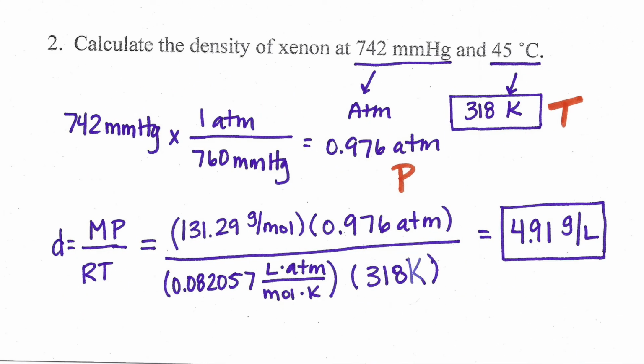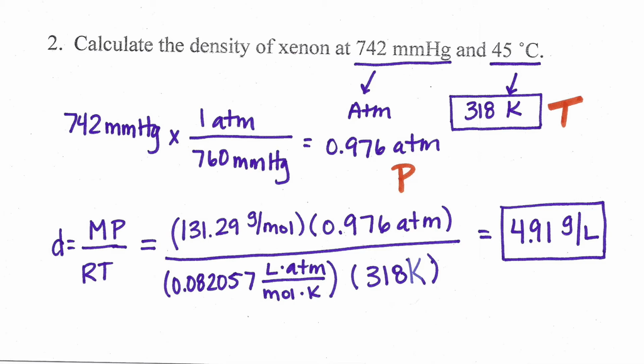If we look at a second example, we can calculate the density of xenon at 742 millimeters of mercury and 45 degrees Celsius. So for this question, because we are not at STP, we have to use the equation where our density is equal to the molar mass times the pressure divided by RT. So for this problem, we will need to convert our pressure of 742 millimeters of mercury to atmospheres.